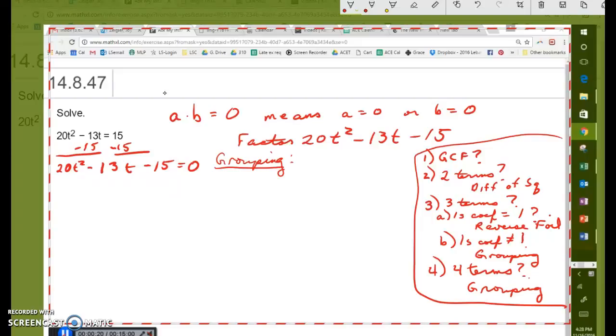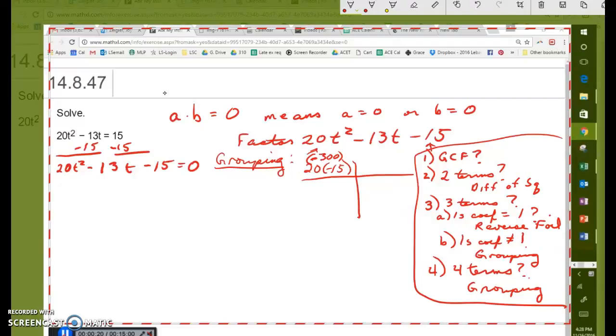You need to multiply the first number by the last number. So we're going to multiply 20 times negative 15. We're going to draw a little chart. We need two numbers that multiply to 20 times negative 15, and that's negative 300. I'll write that up there.